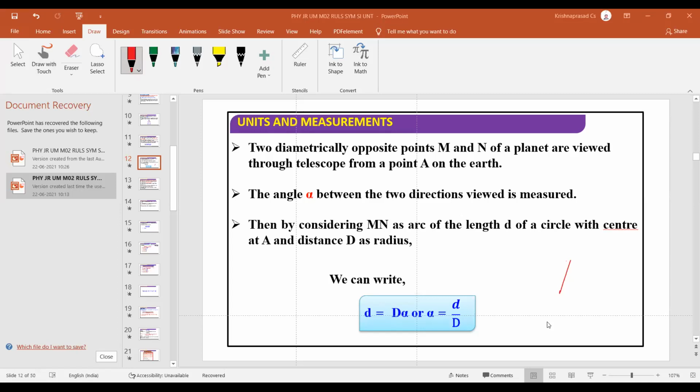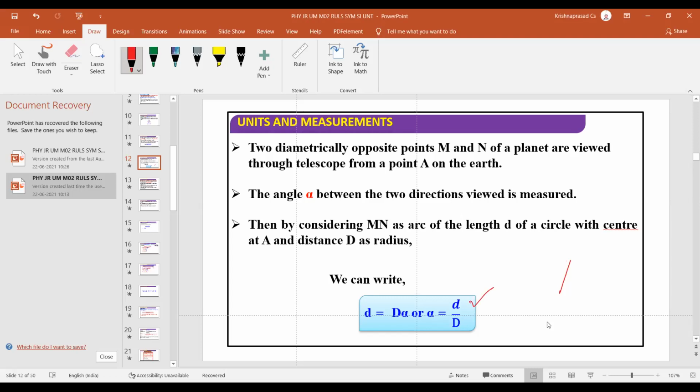After that, you may write, in the case of angular diameter, the above equation becomes theta is equal to small d divided by capital D, right?